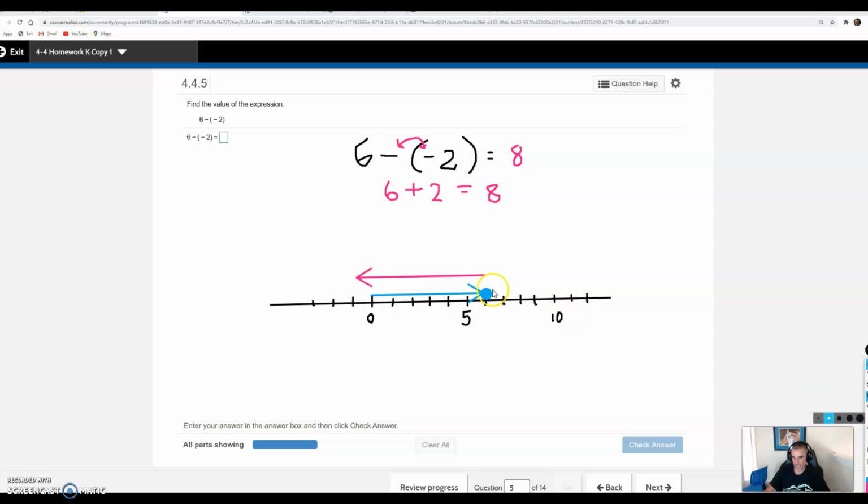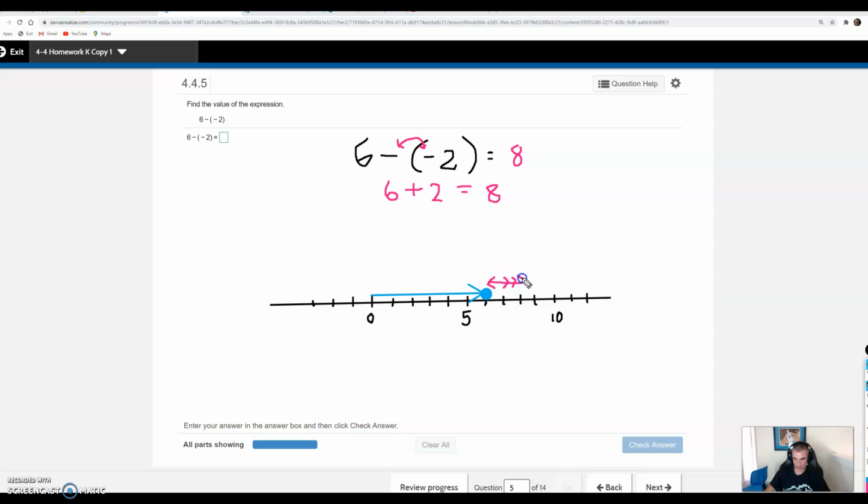So we actually end up going backwards to positive 8. I wish I had a way to move that arrow backwards, but I'll put an arrow facing that way because we're subtracting, but then we're going in reverse.